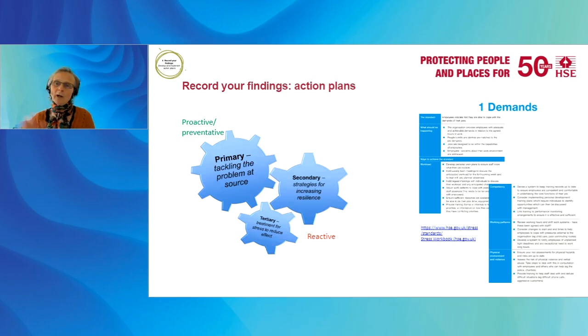Now, if you've collected your quantitative data, identified a particular issue, it may be a particular department or a particular role, you've spoken to them and they've fleshed it out and made some suggestions, you've got a nice audit trail, for want of a better word, or a justification for why you are introducing particular interventions.